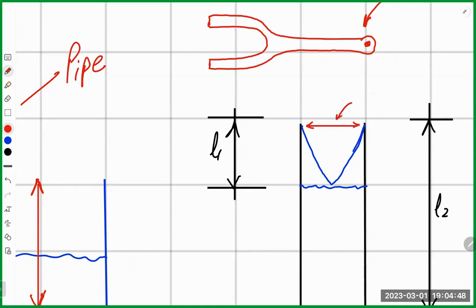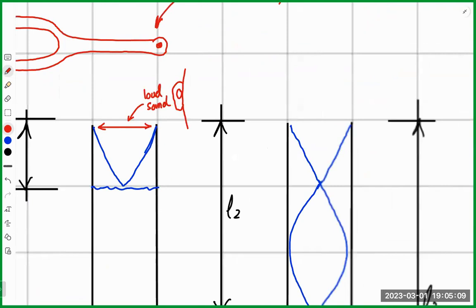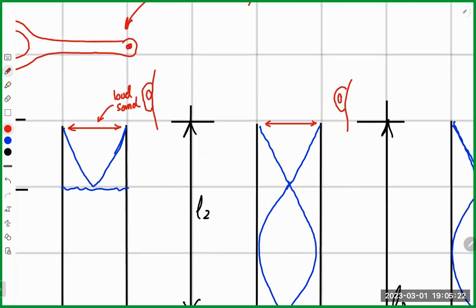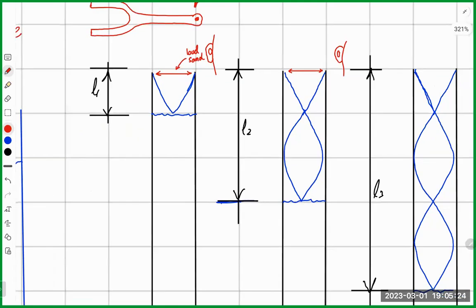So we can hear a loud sound when there is an antinode established on the open end. Similarly, again, because it is an antinode, we will be hearing a loud sound.